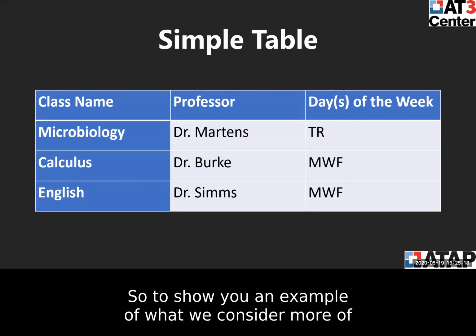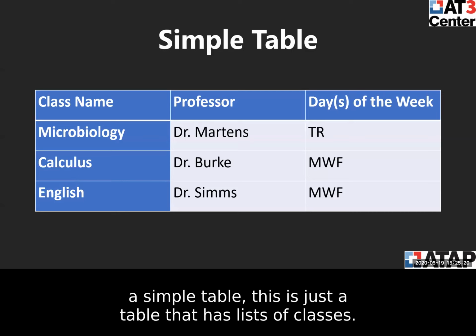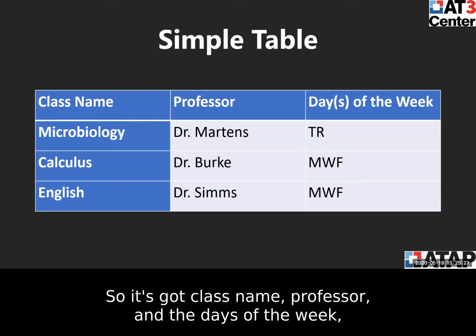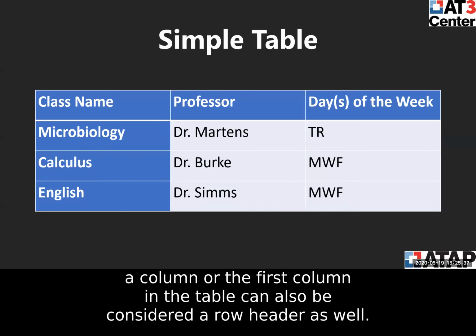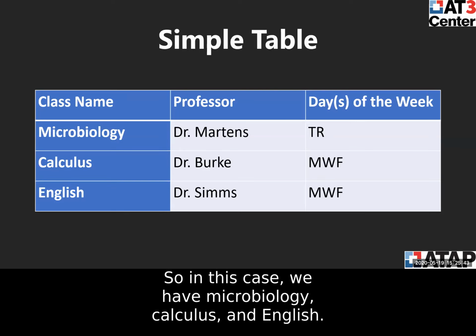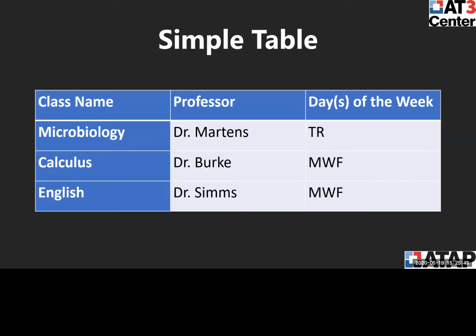So to show you an example of what we consider more of a simple table, this is just a table that has lists of classes. So it's got class name, professor, and the days of the week. And the first column in the table can also be considered a row header as well. So in this case, we have microbiology, calculus, and English.